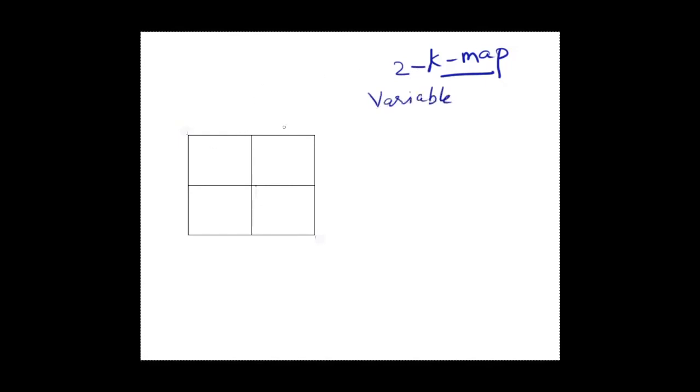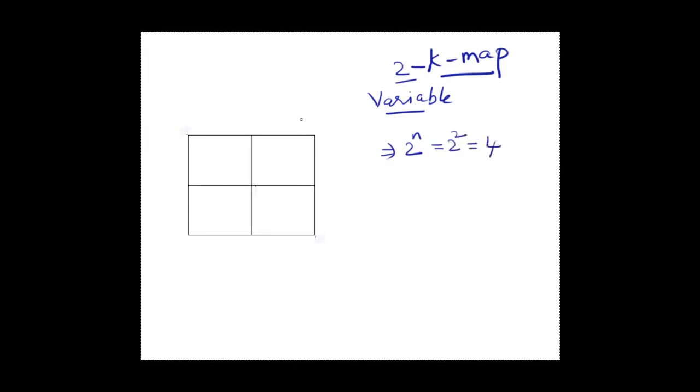For this 2 variable K-map, the number of cells in a K-map will be equal to 2 power n, where n is equal to the number of variables. Here if I say I have a 2 variable K-map, that means my variables are 2. That means 2 to the power of 2 will be equal to 4.